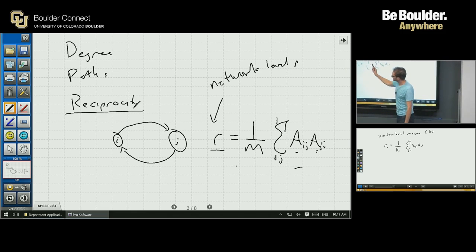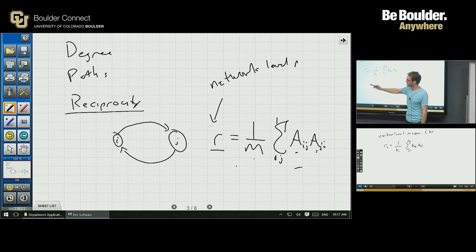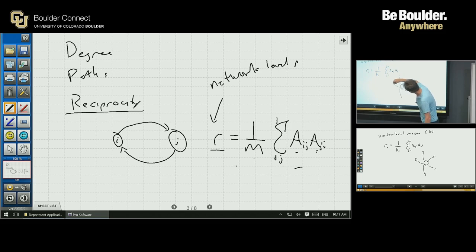So this is saying I'm going to sum over all the things that are j, but i is fixed. I've chosen what i it is. So that's saying that I have some vertex here, and I look at all of its outgoing edges, and I ask how many of them are reciprocated. That's just sum over all the possible partners that I could have.